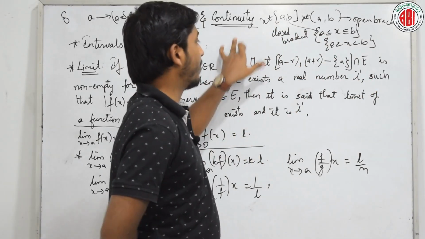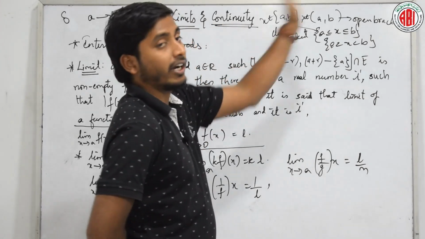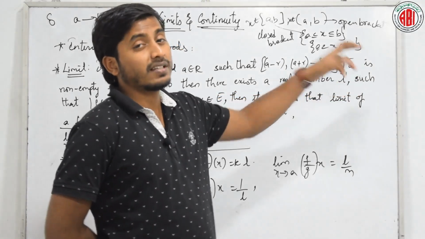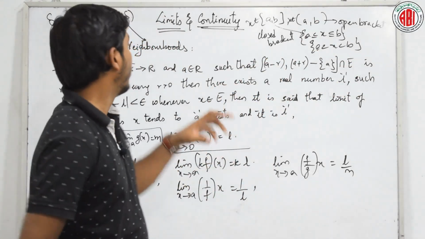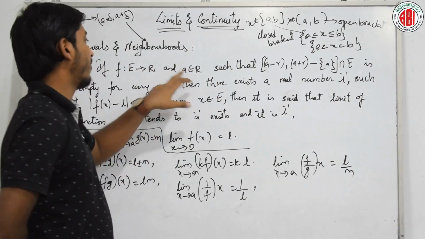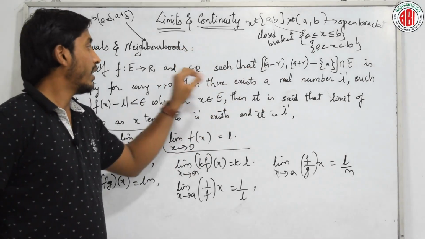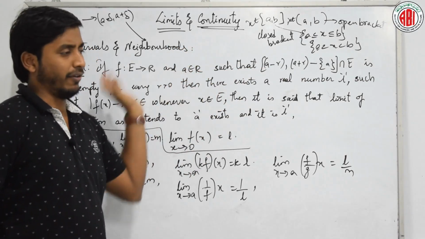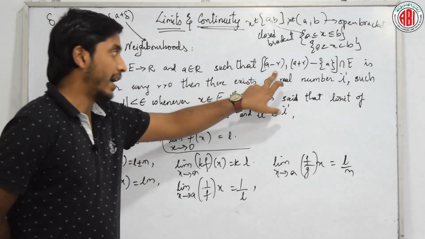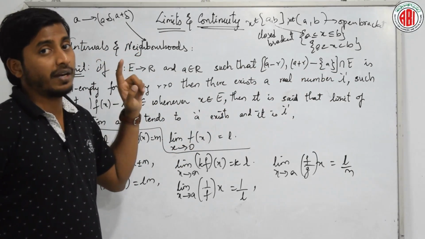For example, if there is some particular A, the sets minus infinity to A and A to infinity, excluding A, intersection E, which means if there is any common term in E. Is it clear? Once again, whatever value A belongs to in the range, excluding A, whatever the value before A and after A, the neighborhood set should not be an empty set.